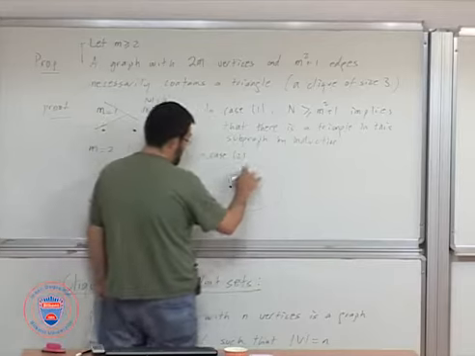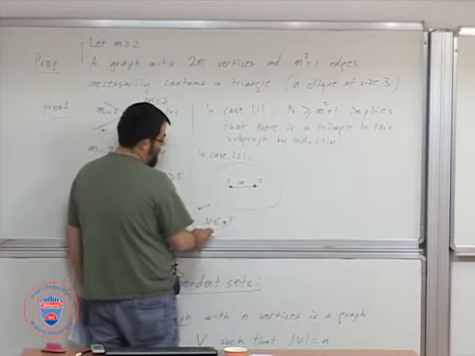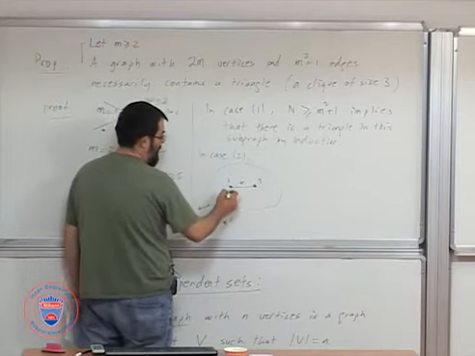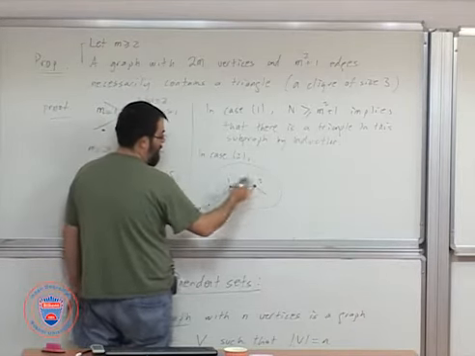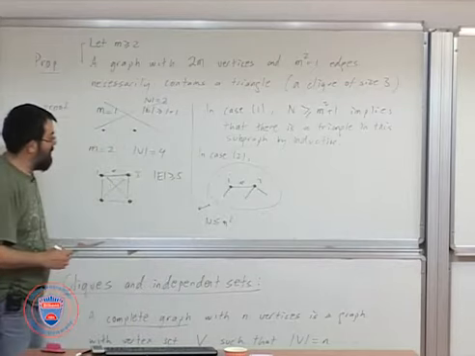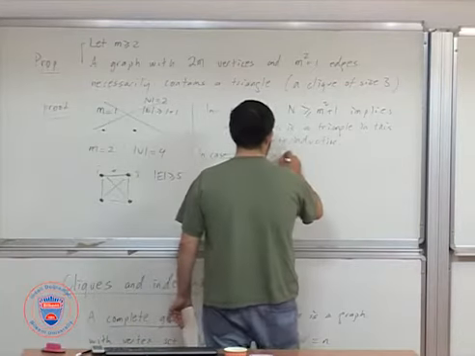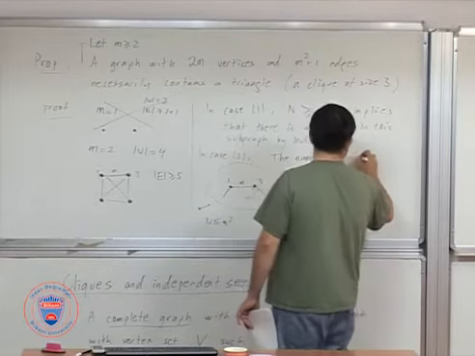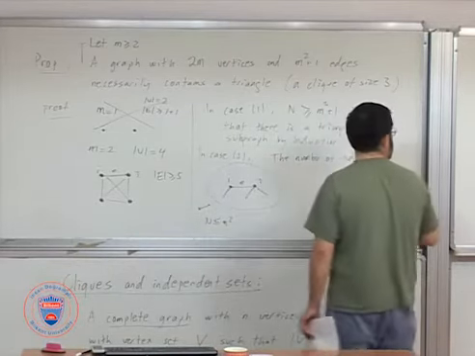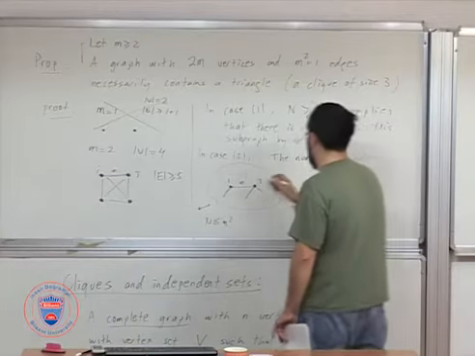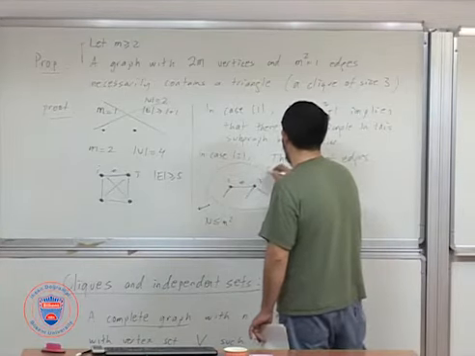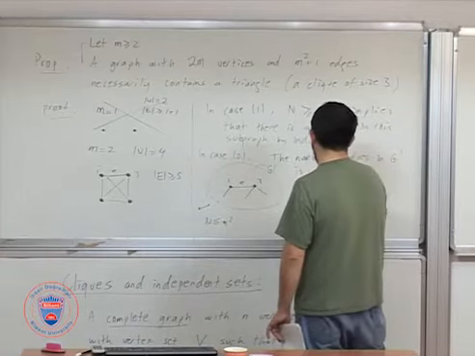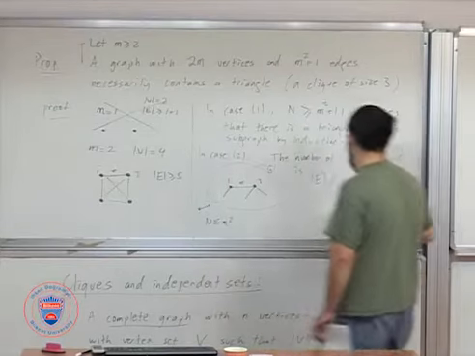Now, if the edges outside are less than this, you can estimate the edges which are attached to i or j. So the number of edges in this subgraph, say this is your G prime, let's call this E prime.